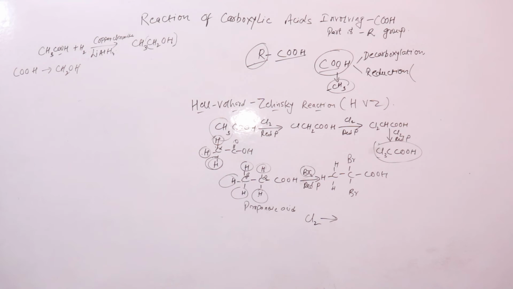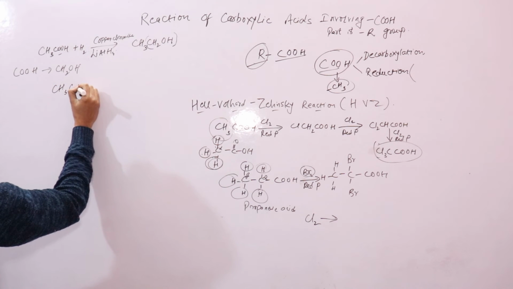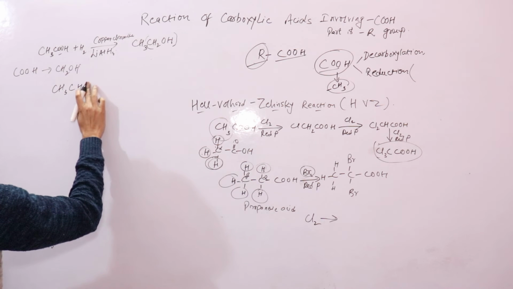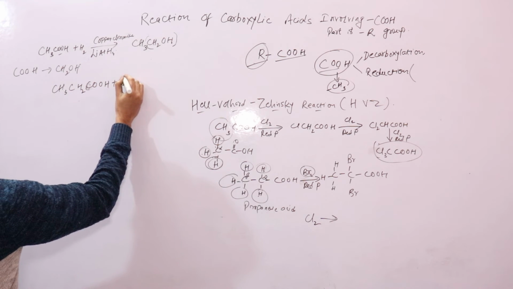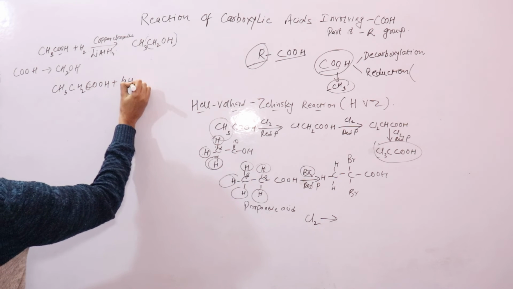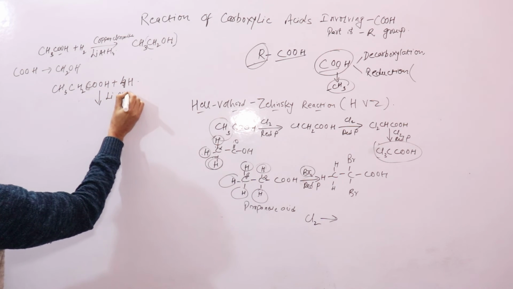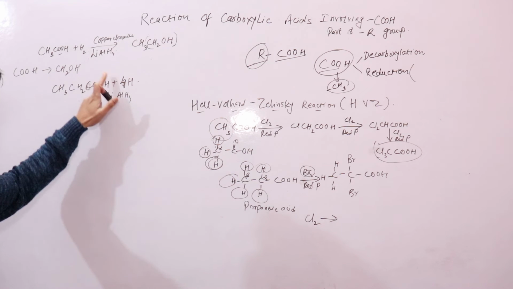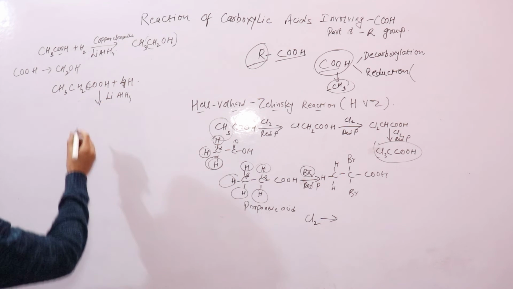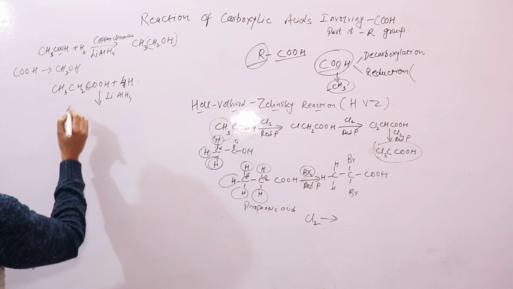And if you take CH3CH2COOH with 4 hydrogen atoms in presence of lithium aluminium hydride, right? The 4 hydrogen atoms will react with propanoic acid, where the COOH group will again be reduced to CH2OH, like I said here.